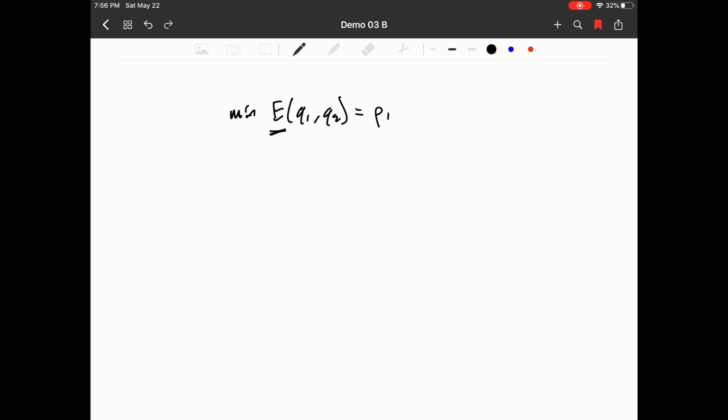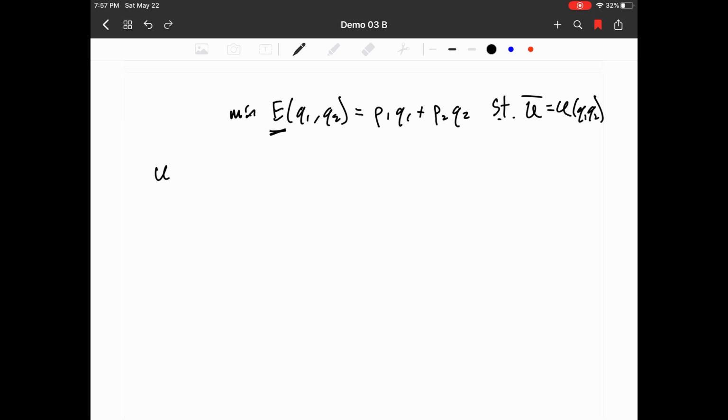We have p1 q1 plus p2 q2, and this is going to be constrained by u bar. So our utility takes q1 q2, and we're subjecting it to u bar. So that's our indifference curve.